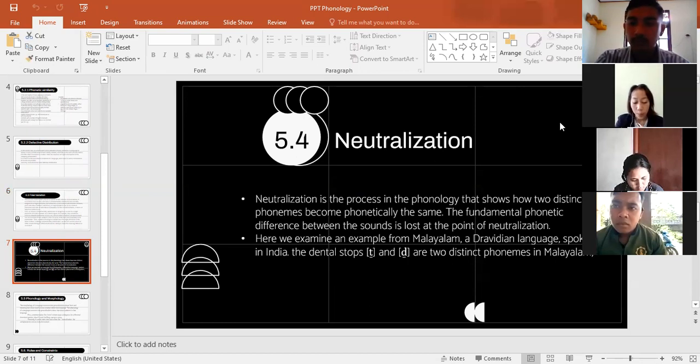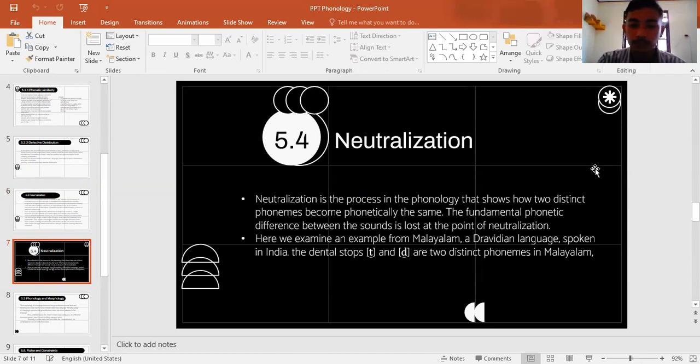Neutralization is the process in phonology that shows how two distinct phonemes become phonetically the same. The fundamental phonetic difference between the sounds is lost at the point of neutralization. Many languages have the process of neutralization in their phonology.